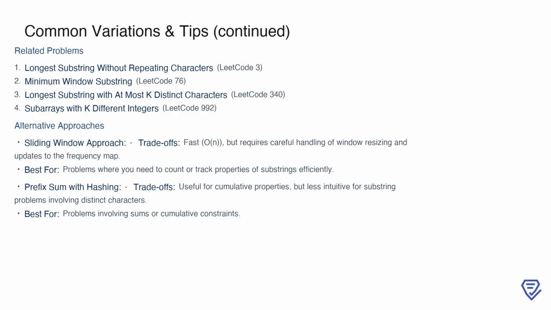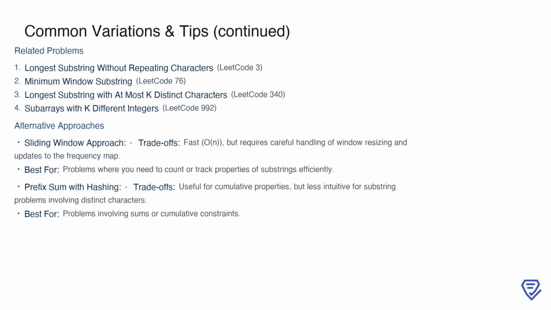Longest substring with at most k distinct characters, LeetCode 340, is a direct extension of this problem, generalizing the concept to allow for any number of distinct characters, not just 2. Subarrays with k different integers, LeetCode 992, brings a new twist by focusing on subarrays rather than substrings. Exploring these problems will help you spot recurring patterns and apply the right approaches efficiently.